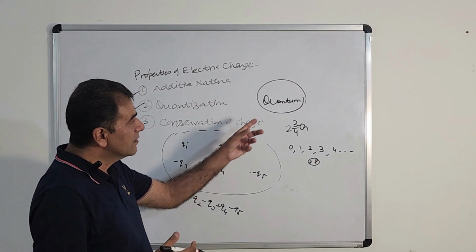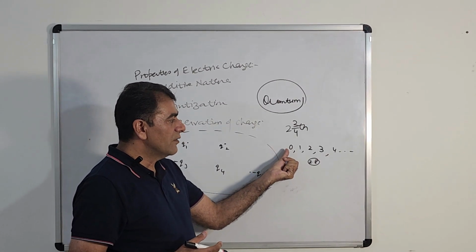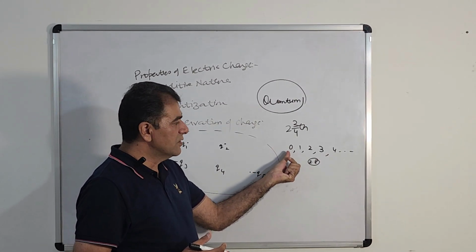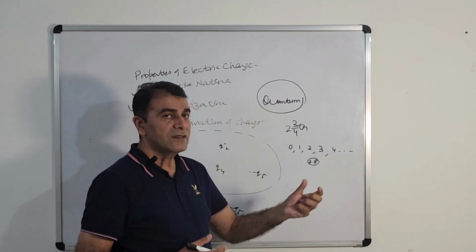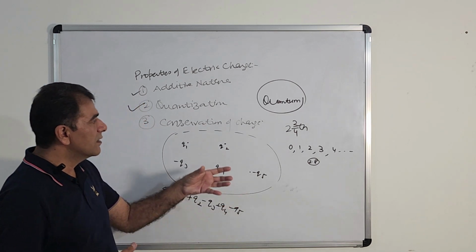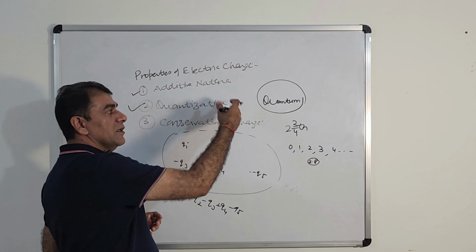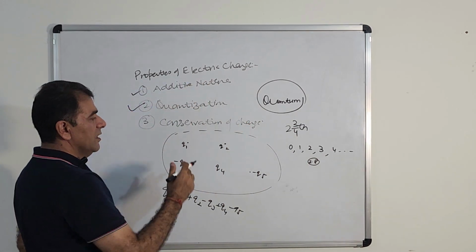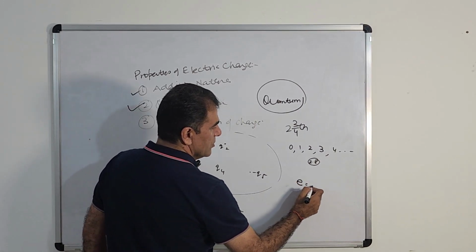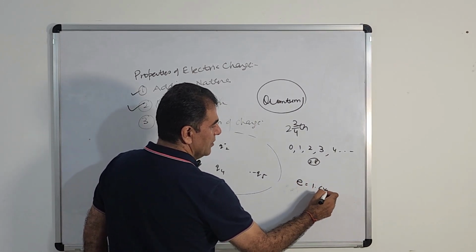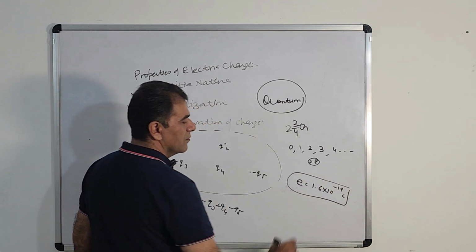Similarly, here the word quantum comes: the minimum amount by which a physical quantity can change. Similar is the case of charge. The minimum quantity, or quantum, of charge is always taken as e. This e is the charge on an electron and its value is 1.6 times 10 to the power minus 19 coulomb.